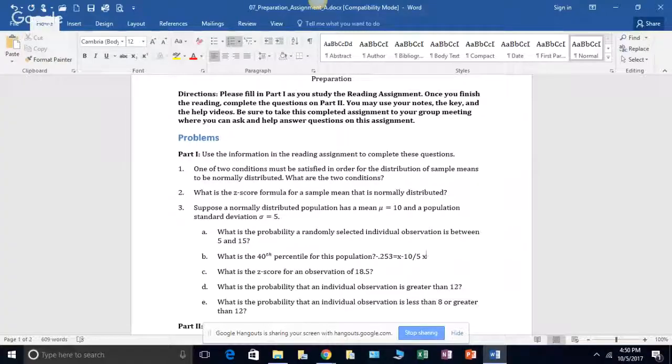Yeah, and so the equation becomes x equals 5 times, oh, I'm sorry, negative 0.253, plus 10. I have to make sure that's negative.